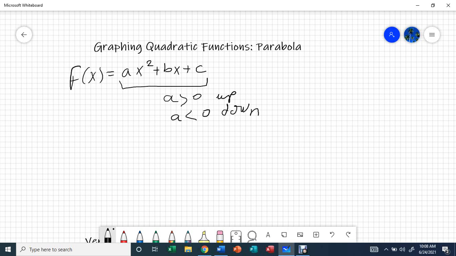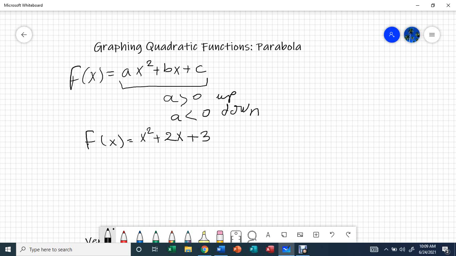So let's do a couple examples here. f of x equals x squared plus 2x plus 3.